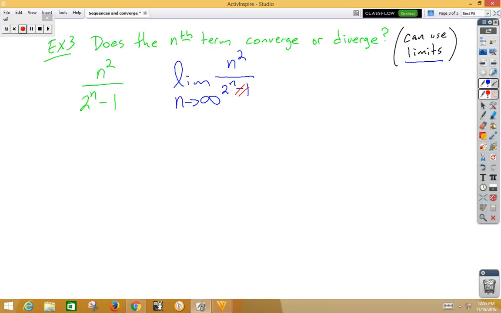We learned that when the variable is in the exponent, it's going to get much larger than if you simply take something and square it. So this ends up being a low-high, and a low-high always, always, always converges to 0.